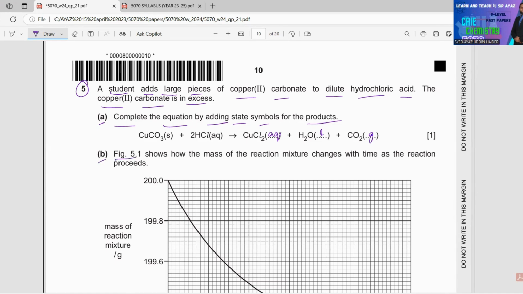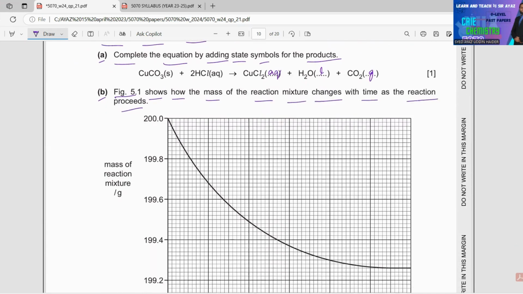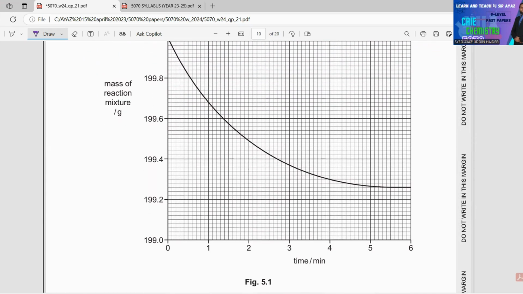B. Figure 5.1 shows how the mass of the reaction mixture changes with time as the reaction proceeds. So here's the figure 5.1, and you can see it clearly. The mass of reaction mixture decreases with time.